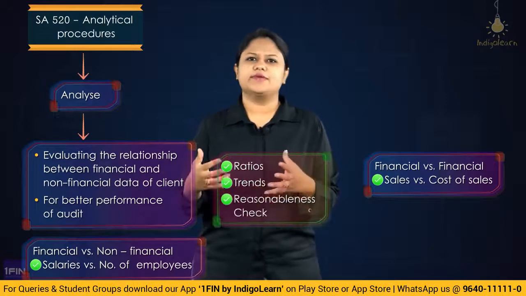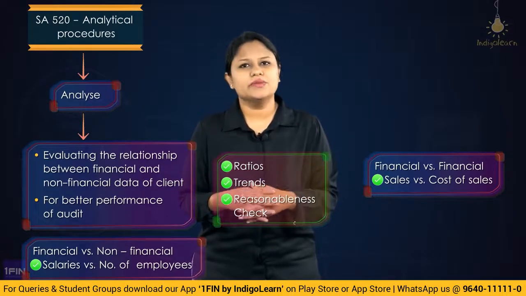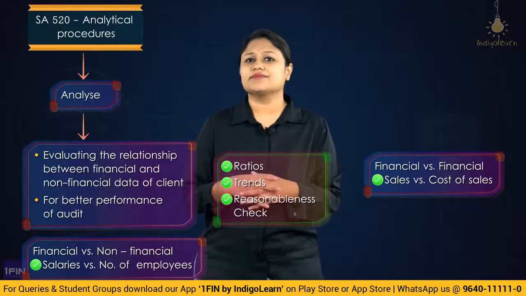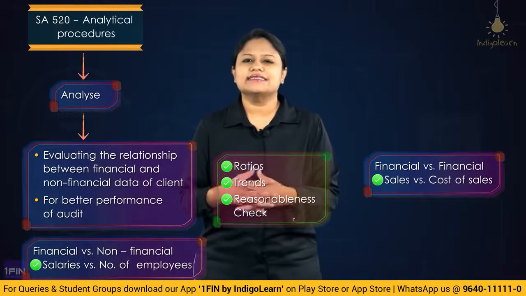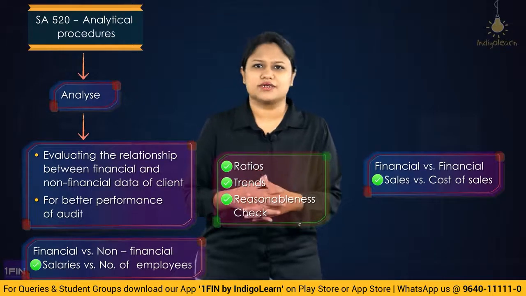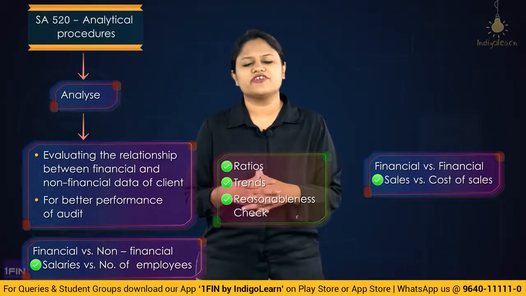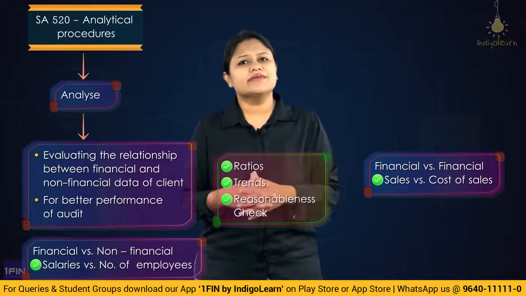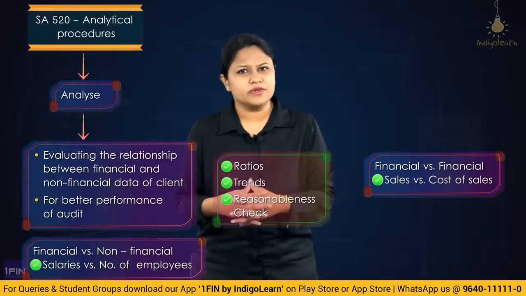So all of these will enable you to develop a relationship, and with this relationship, you will be able to understand if there is something unreasonable, if there is something unusual. In that case, it will draw the auditor's attention to that particular area because that would indicate a risk of material misstatement.